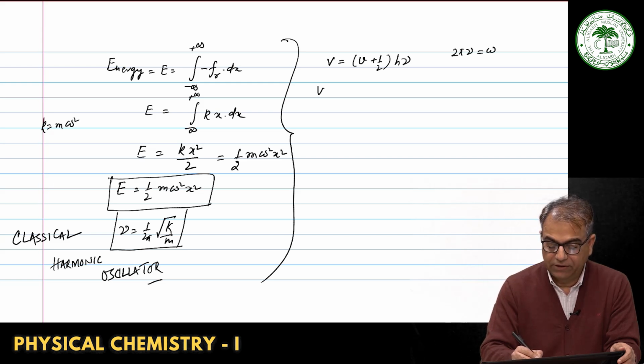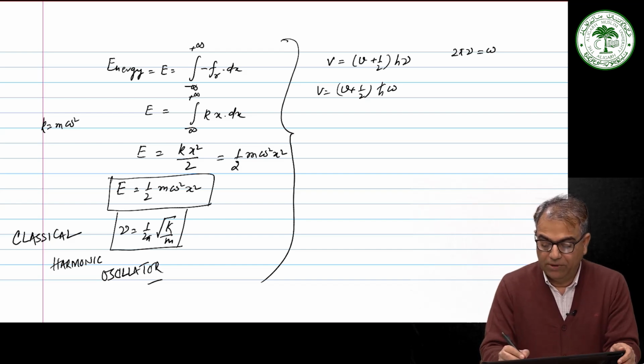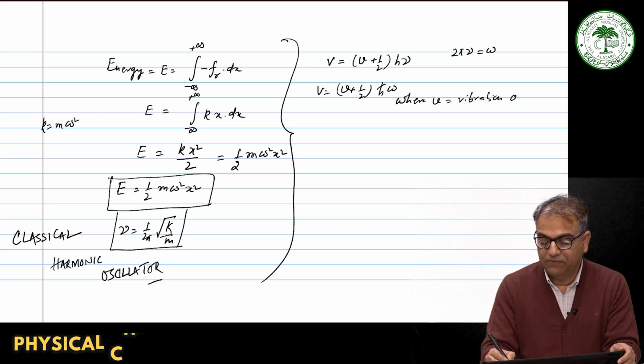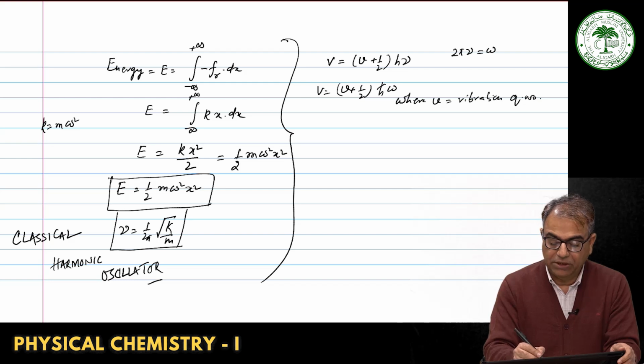So, in terms of angular frequency it will be v plus half into h cross omega, because h divided by 2 pi we can write as h cross. So, this is the potential where this v is called, I have directly written the relationship without going into the derivation, the vibrational energy of the harmonic oscillator.